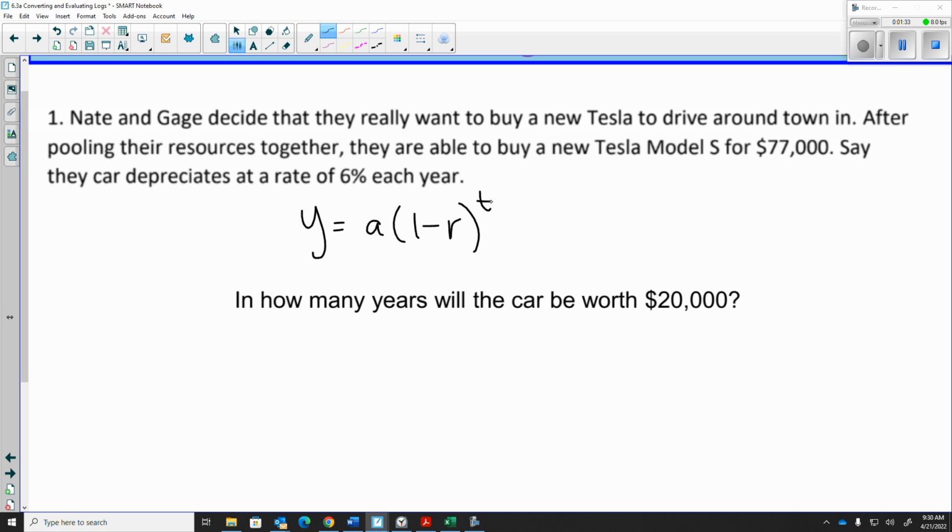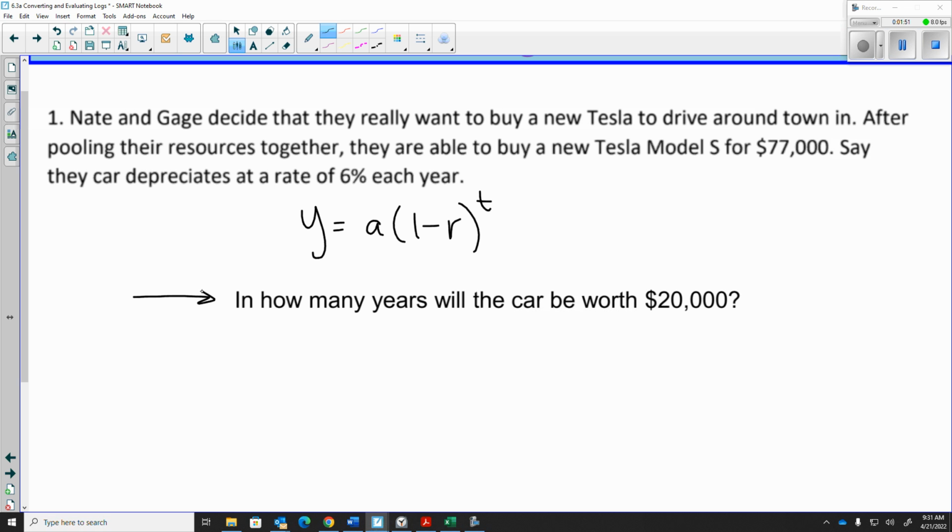Let's get all of our pieces. You got an initial amount. It's 77. What else do we have? We have the rate. And what does this statement give us? Yeah, that gives me the final amount, right?